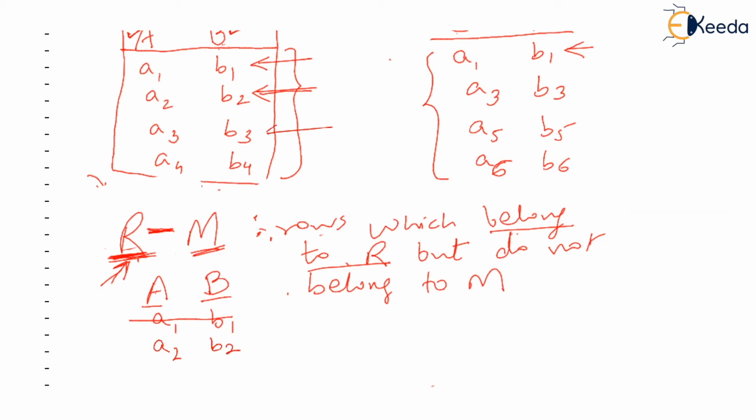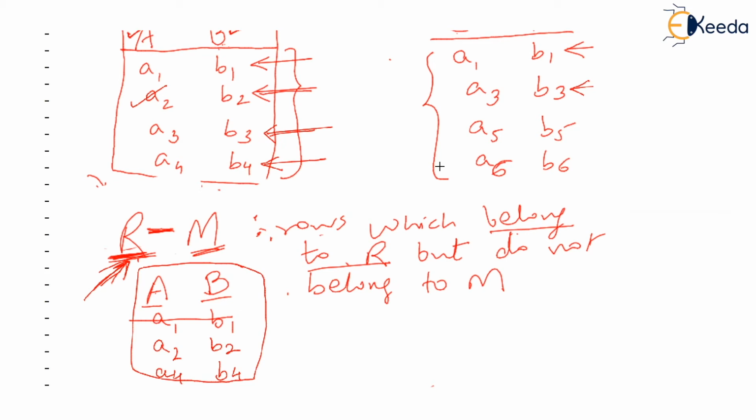So A2, B2 is taken. A3, B3 is there in R and M both. So it won't be taken. But watch that A4, B4 is there in R, but not in M. So A4, B4 will be chosen. That's it. Only two rows will be there in this table.